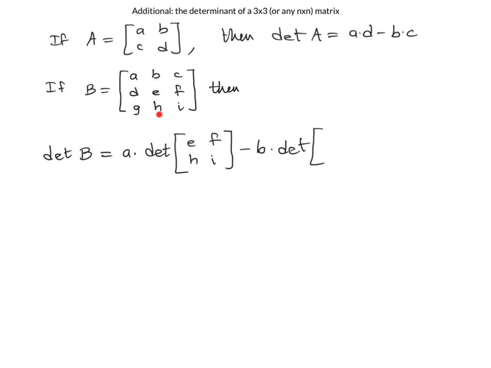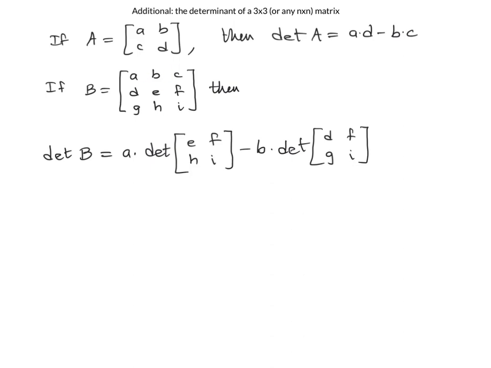These numbers in the same column, throw them out. So the numbers left over are D, F, G, I, and they have to keep their order. So D, F, G, I is the new matrix whose determinant I'm going to calculate, where all the numbers from the row and column that B was in, because that was the one we started with at the front here, got thrown away.